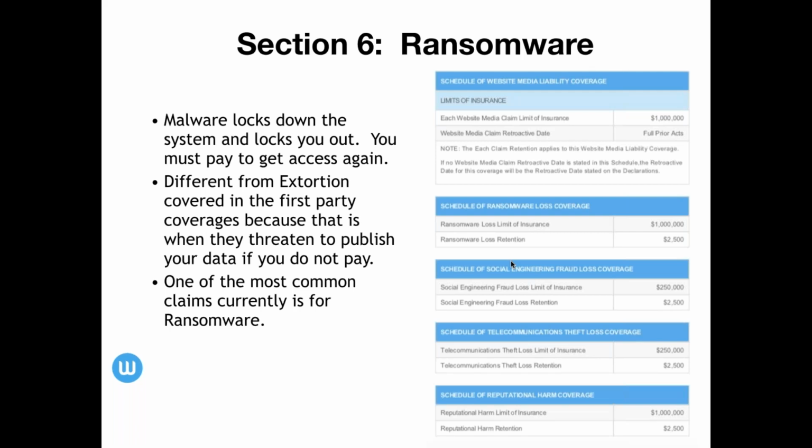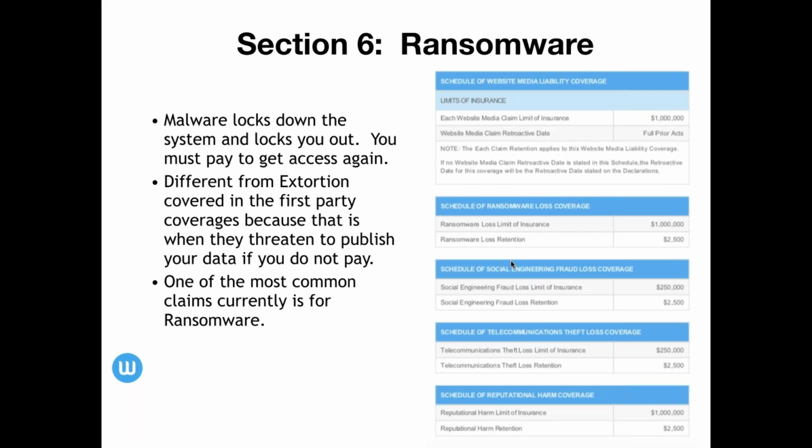So I told you earlier we'd be talking about ransomware as a juxtaposition to extortion. They both function in exactly the same way. The bad code gets into your system, and then somebody turns that bad code on, which locks you out of your computer system, and you basically get a black screen that says you have 24 hours to pay this amount of money.